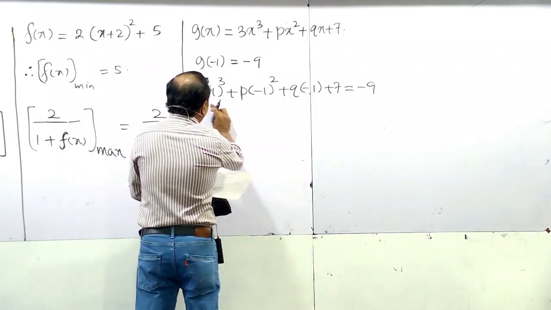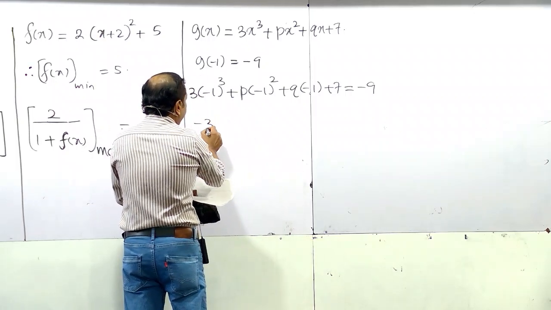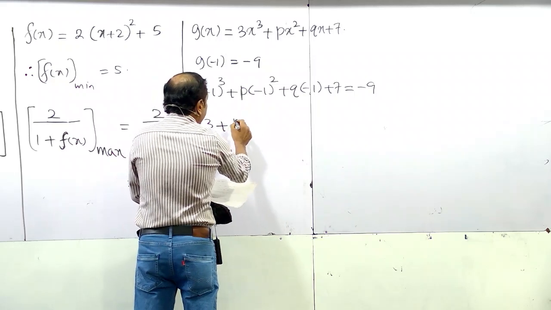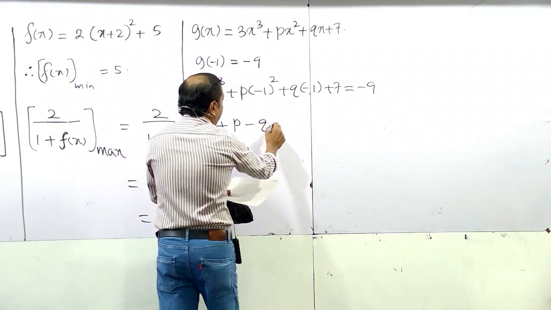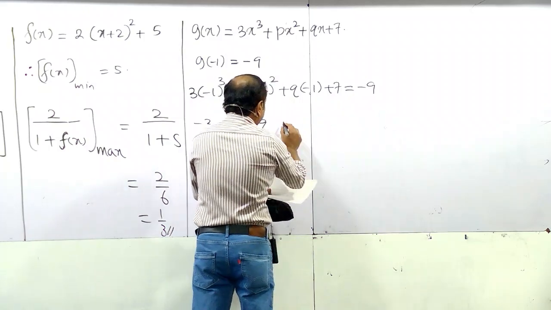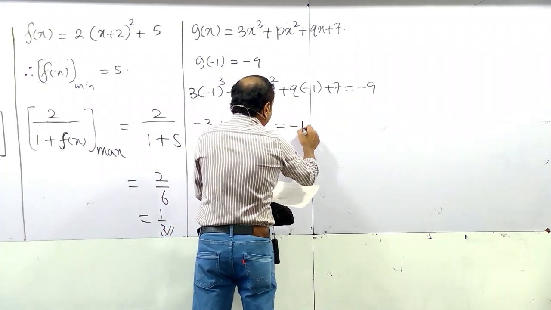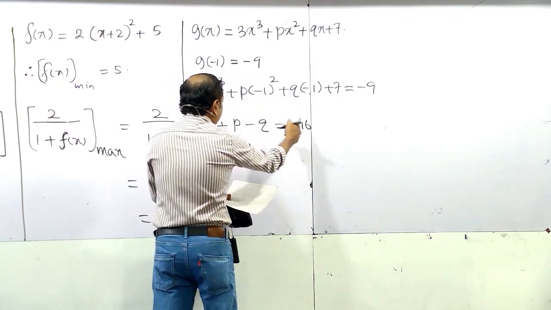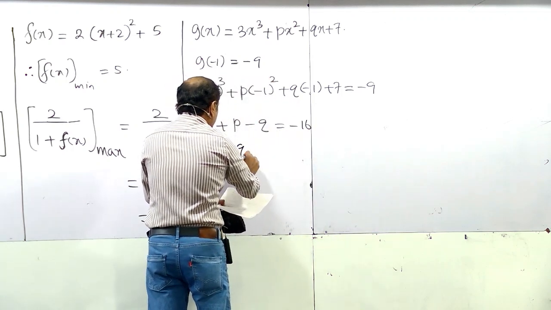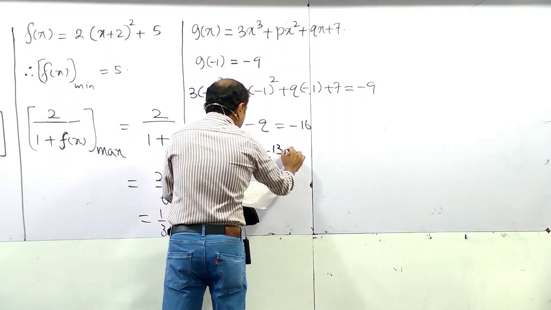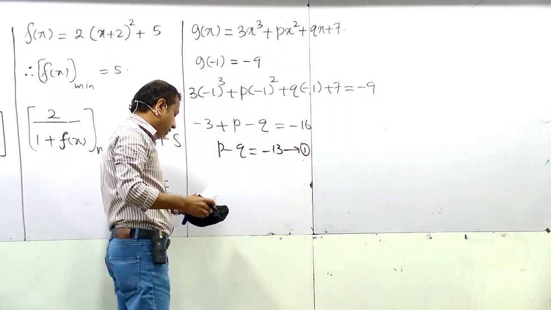All right, when you simplify this, here we get minus 3, here plus p, here minus q, take this 7 to right hand side, minus 7 and minus 9, minus 16. These 3 also we can take right hand side, we get one equation like this, p minus q equals minus 13, no? Number 1. One equation we get like this.